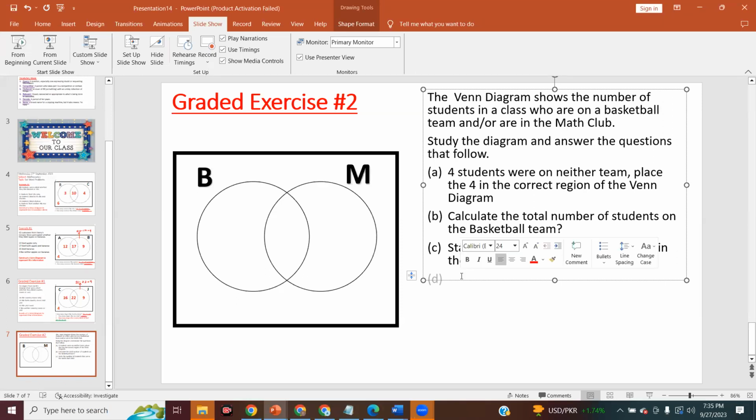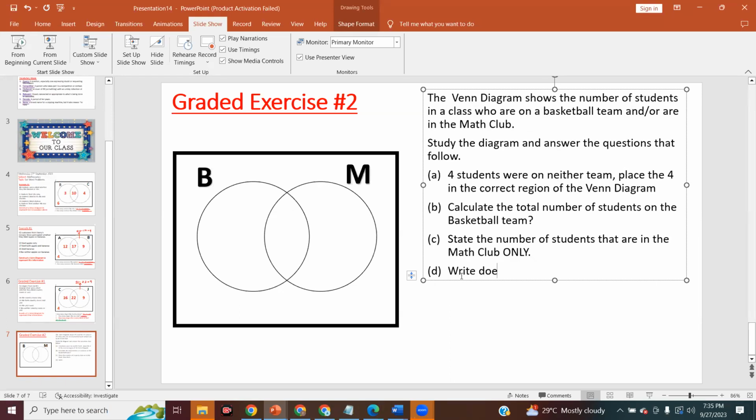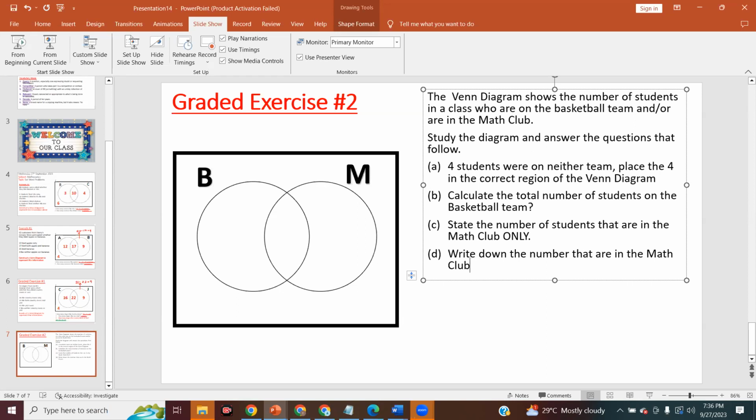D, write down the number of students that are in the math club and are on the basketball team.